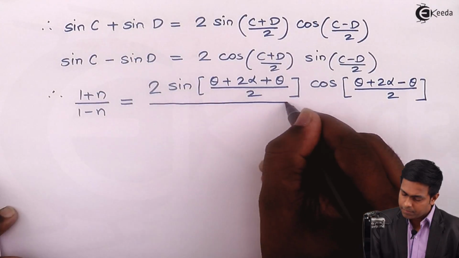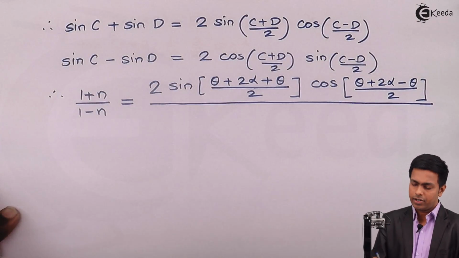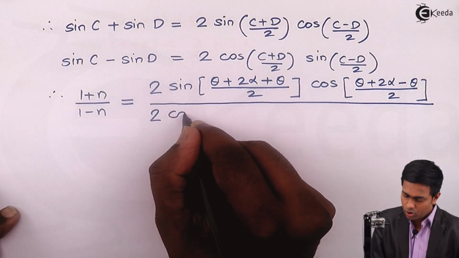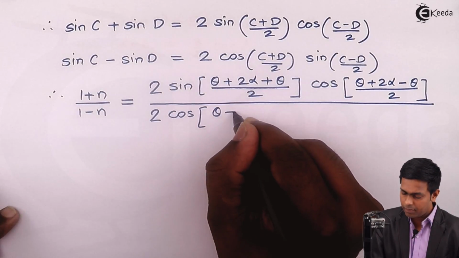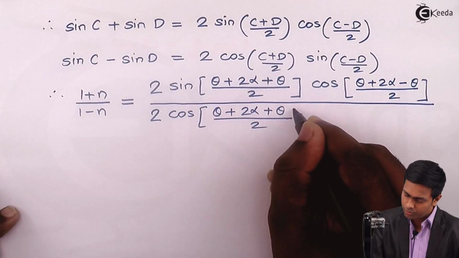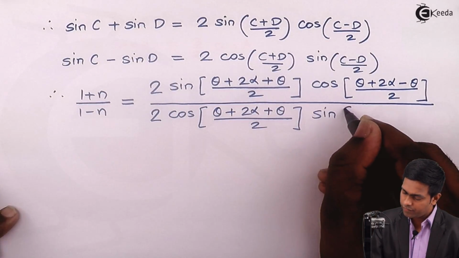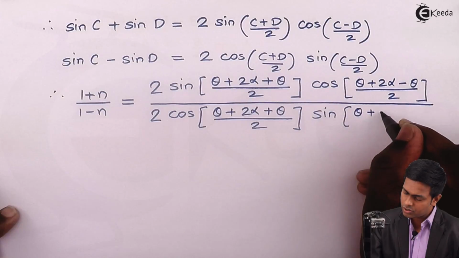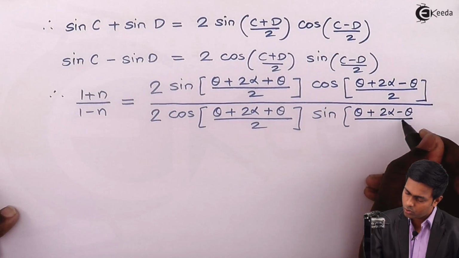In the denominator we will get 2 times cos of theta plus 2 alpha plus theta whole upon 2 into sine of theta plus 2 alpha minus theta whole upon 2.